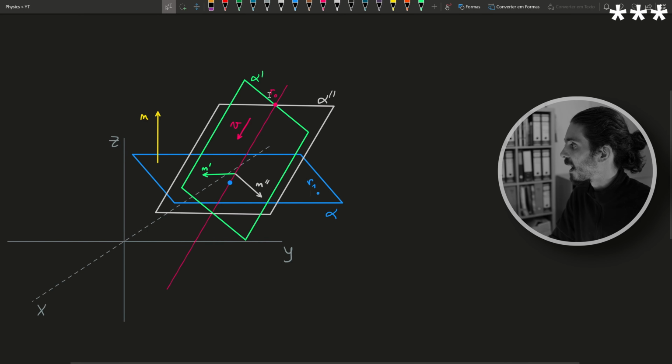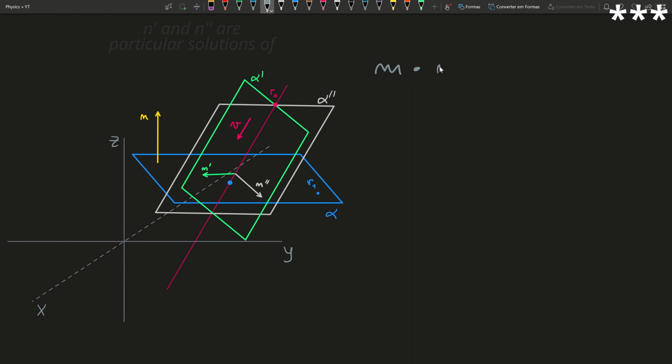And for those, what ingredients do we need? Well, we need a point on those planes and a perpendicular vector. Looking back at the picture, we notice that r0 is common to both planes, so we can use it as a starting point. So what is left for us is to find the perpendicular vectors n prime and n double prime. And for that, we note that n prime and n double prime are perpendicular to the velocity vector v.